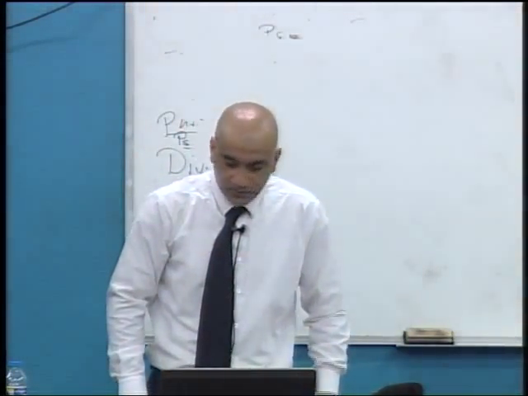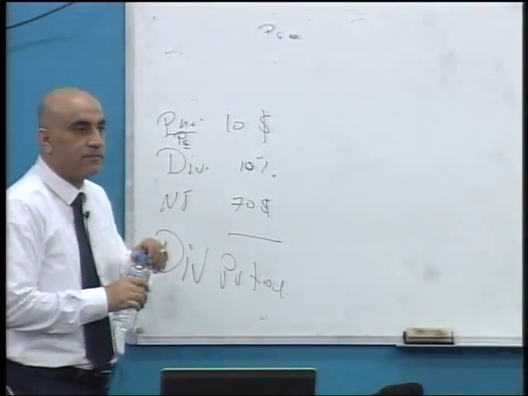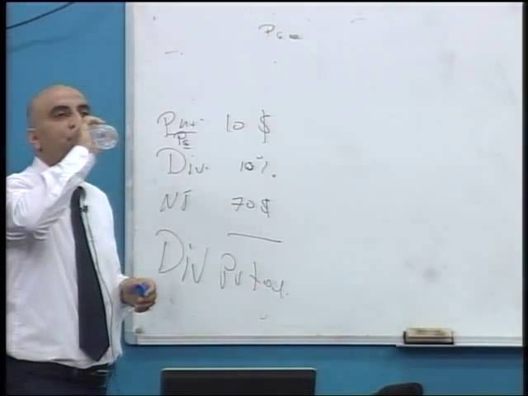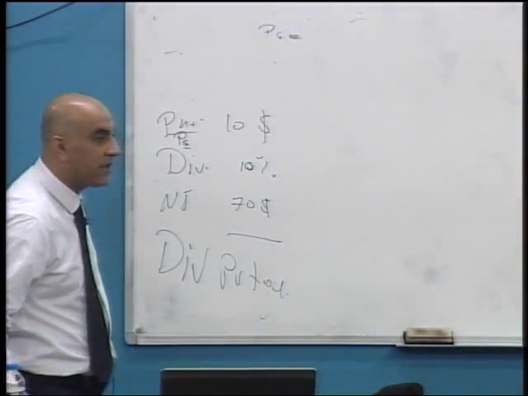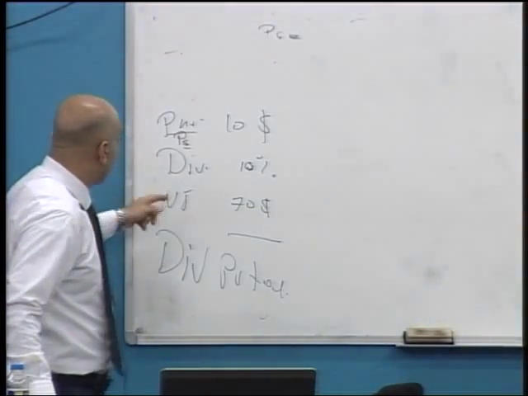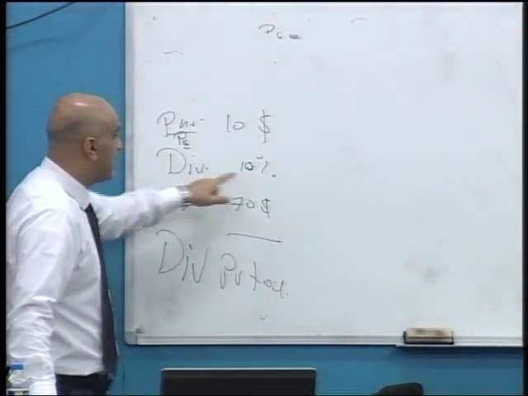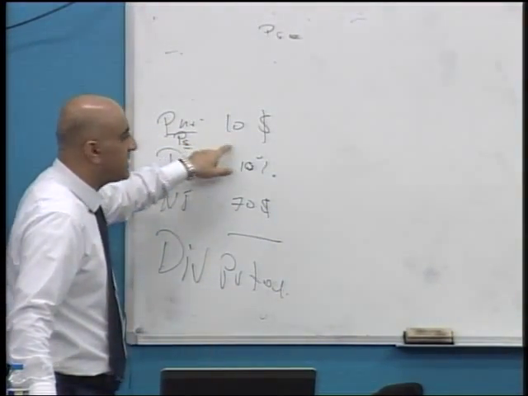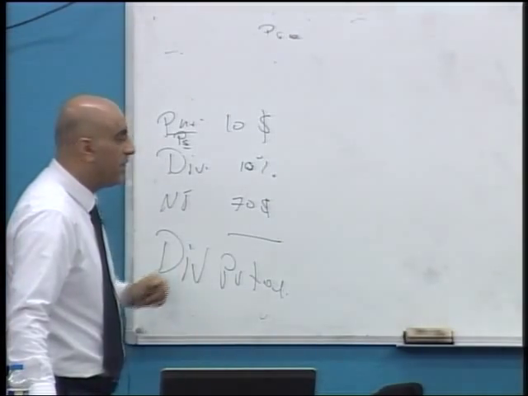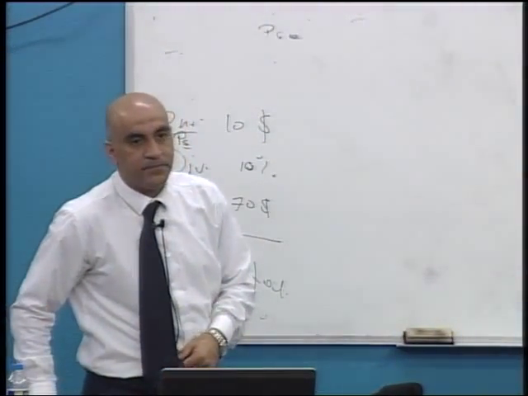It's a very simple calculation. The par value of the preferred stock is $10. So what is the dividend of the preferred stocks?